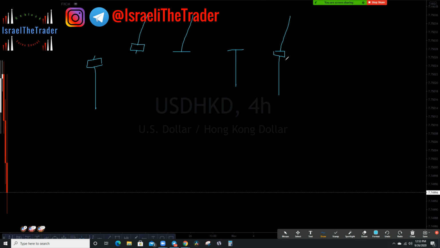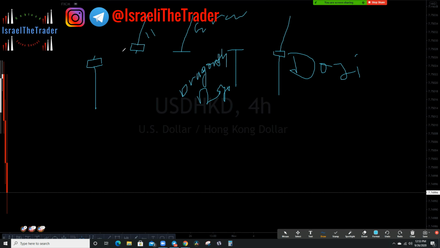So this is a doji. This is a dragonfly doji, and of course, the writing is not going to be perfect. The dragonfly doji, this gravestone doji, this is a pin bar, this is a hanging man.